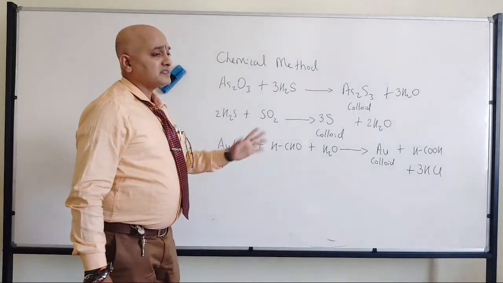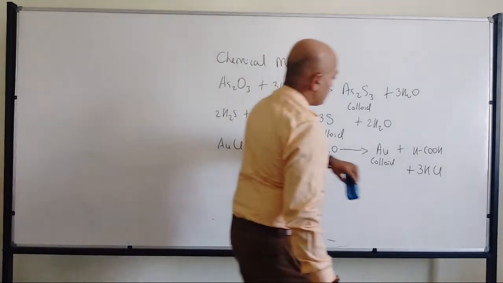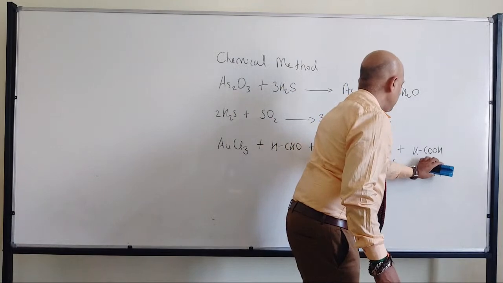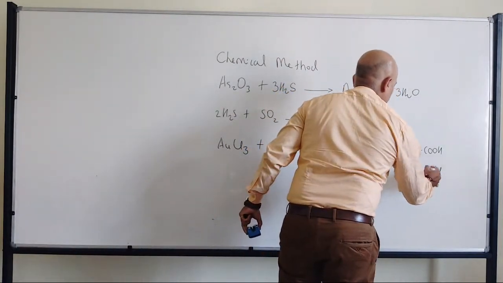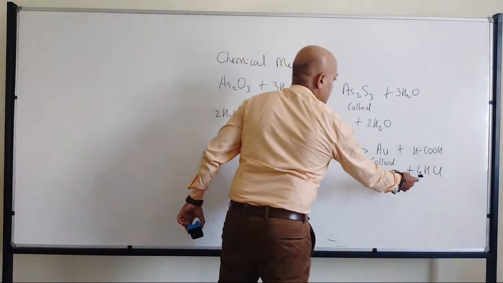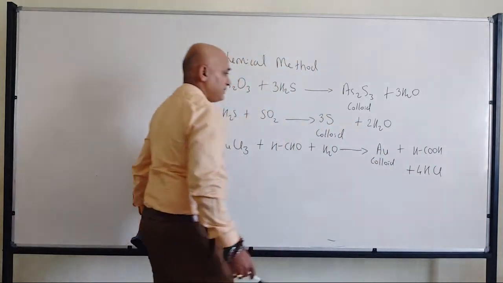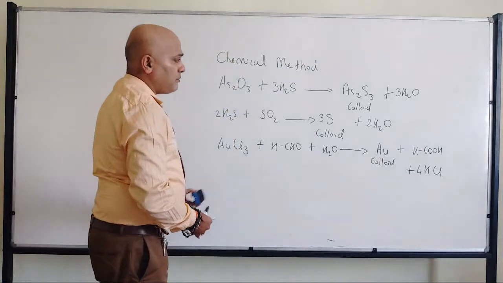Now we have to make something. So 3 is not going to function. So for the time being I will make it as 4. We will try to balance it. If I make it 4, then 4 and 2 it will become 6. So now 2 and 2 here it will become 4.